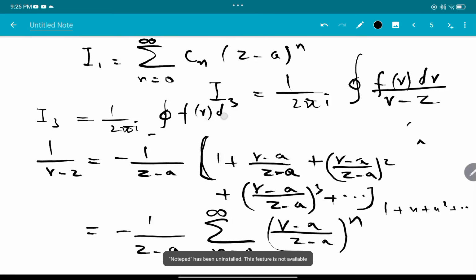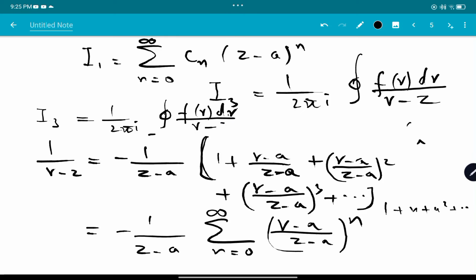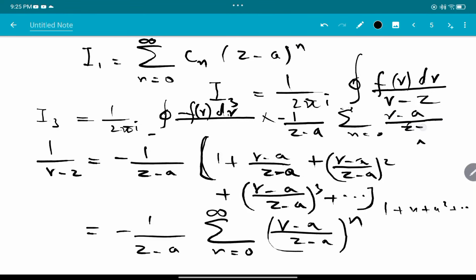In place of gamma minus Z, you have to write 1 by gamma minus Z, which is minus 1 divided by Z minus A, then the sum from n equal to 0 to infinity of gamma minus A divided by Z minus A raised to n.